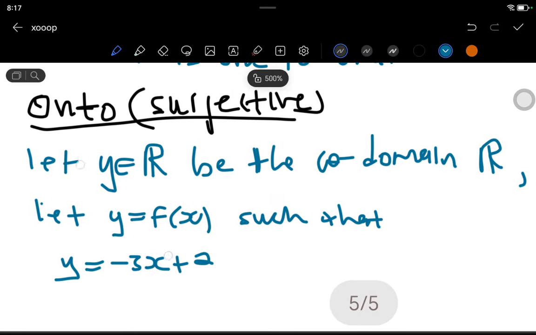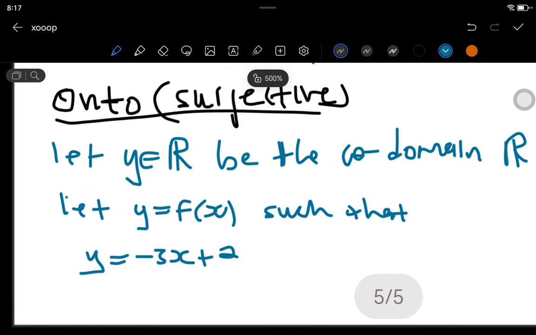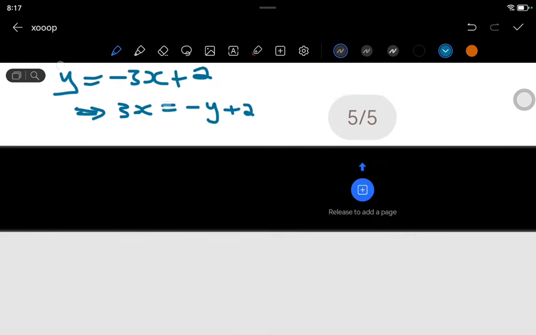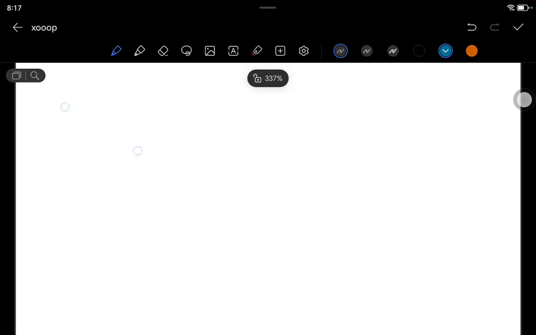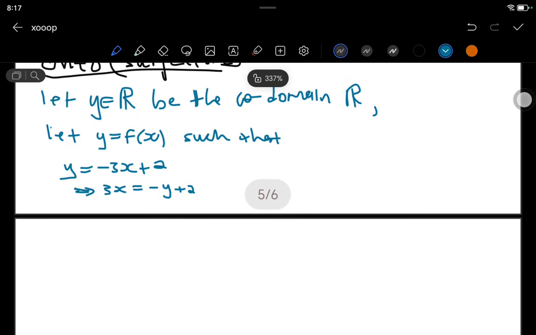Then we solve for x. The aim is to solve for x. If I take minus 3 to the other side, I get 3x, which is equal to, taking y to the other side, minus y plus 2. Then I divide both sides by 3. Then let's check.